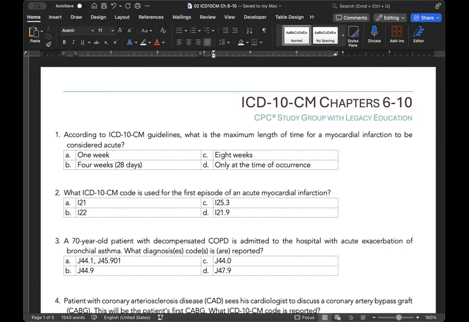Crystal says 4 weeks. Yep, perfect. So that's according to your ICD-10-CM guidelines. This is one that you may possibly see in the guidelines section of the exam, where they're not necessarily asking you for codes, but they're asking you to interpret those guidelines.